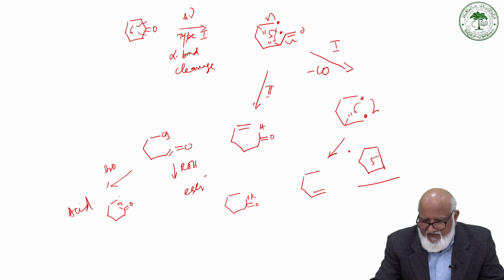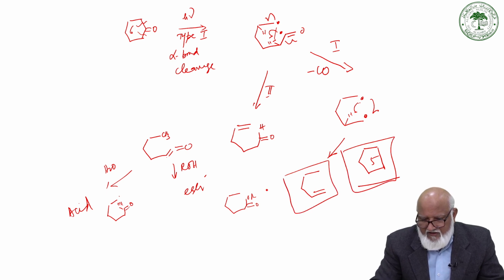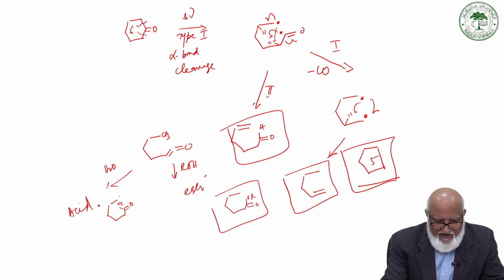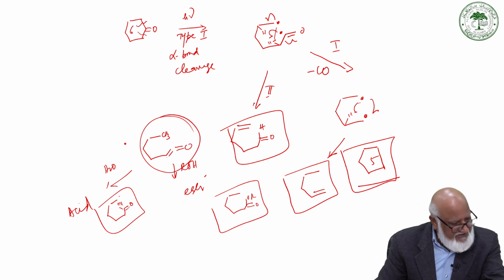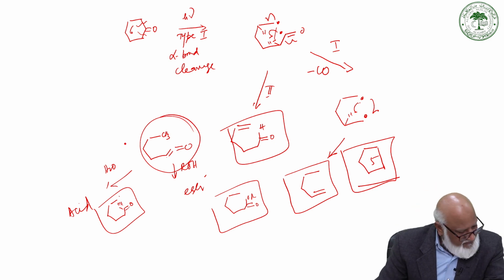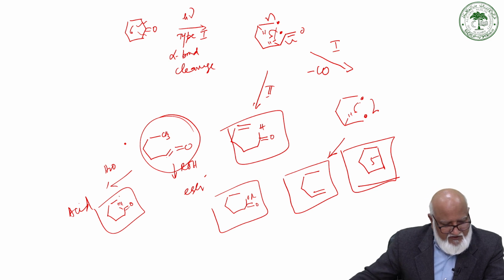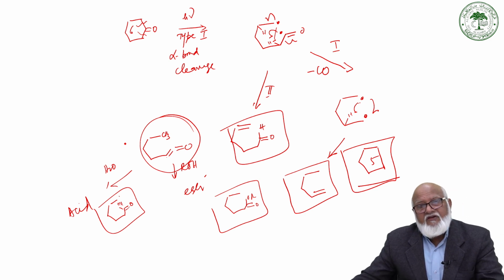So you have a carbocyclic system, an open chain ene system, an aldehyde system, and an ester or an acid depending upon the ketene intermediate, and so on and so forth. So these are a few possible products which may form if we have an alicyclic ketone. We'll see a few more examples.